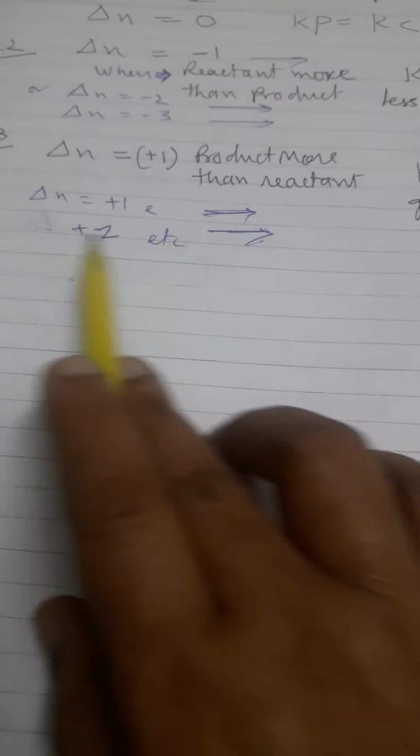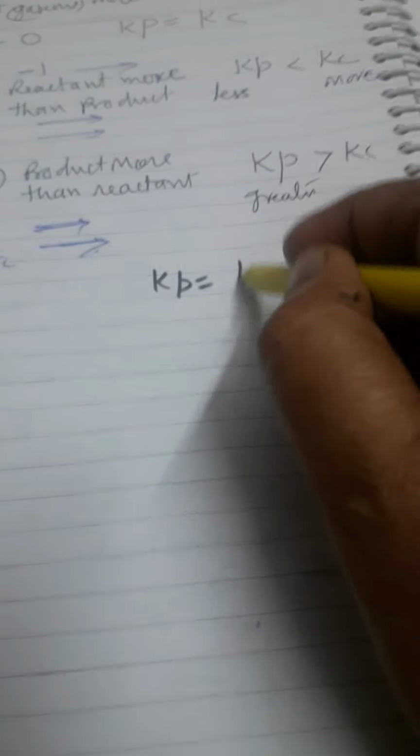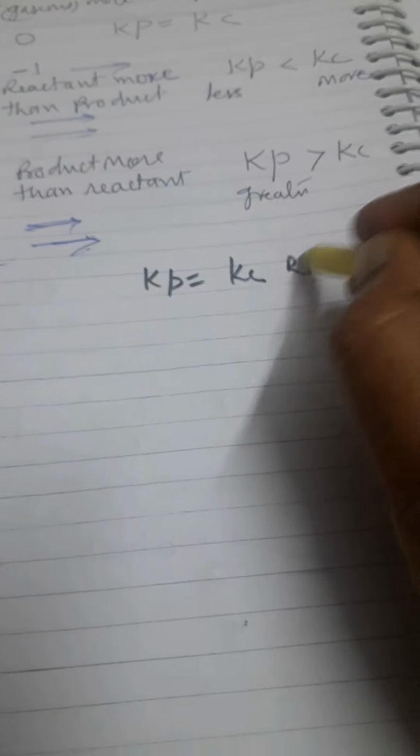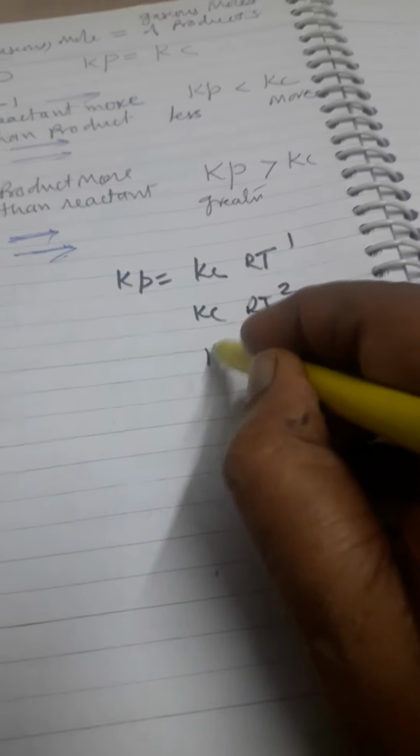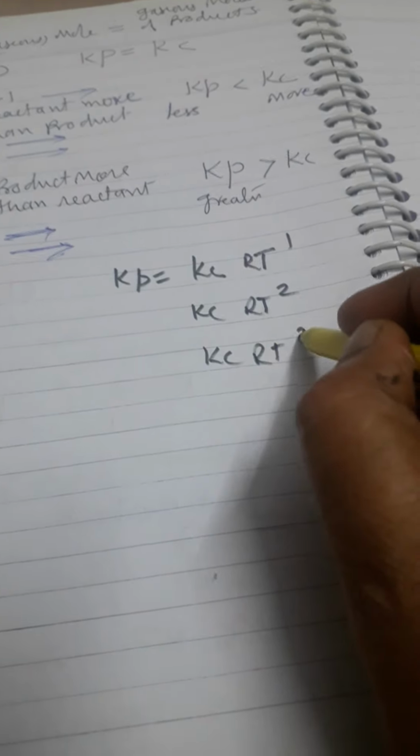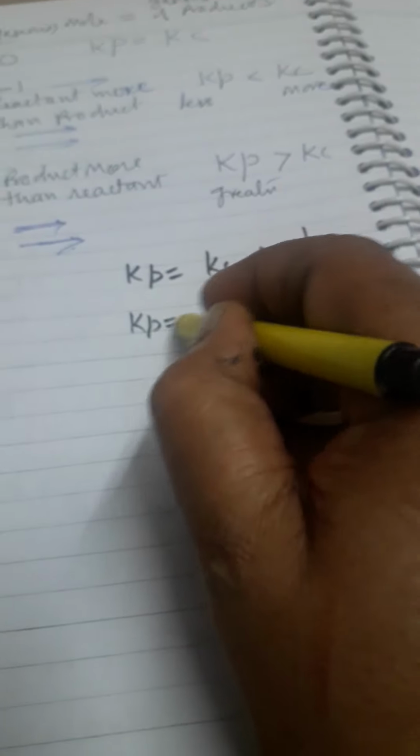Right? Now when Δn is positive, only then Kp will be higher than Kc. Okay, because at that moment we have to write it like this: Kp is equal to Kc RT, power 1, Kc (RT)^2, Kc (RT)^3. So see here, Kp is increasing as Δn goes to plus. Here plus 1, plus 2 or plus 3, I have written also, plus 3 Δn.